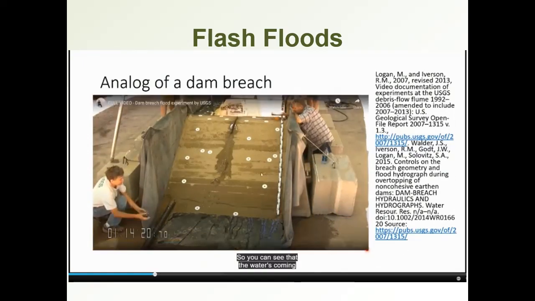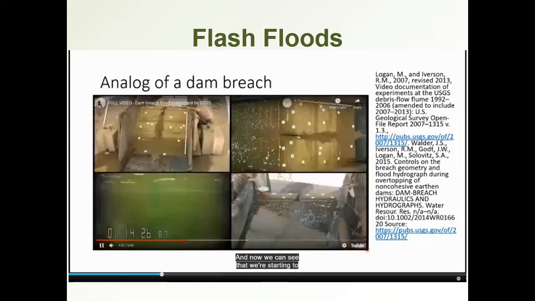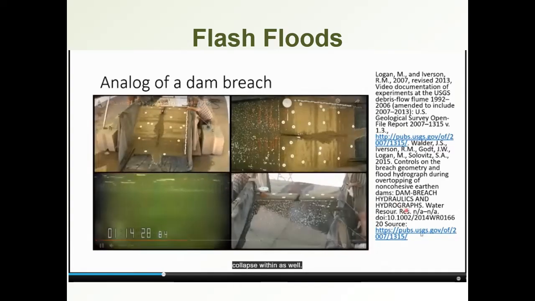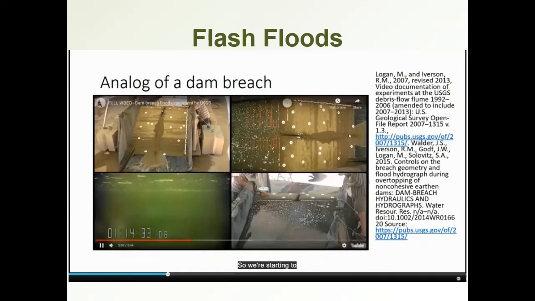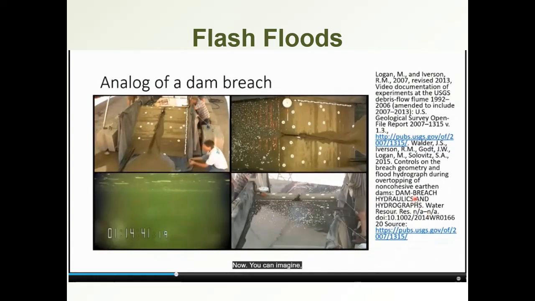So you can see the water's coming out faster and faster and faster. And now we can see that we're starting to have collapse within as well. So we're starting to break out some of the bottom now. So you can imagine how catastrophic it is when a dam fails.